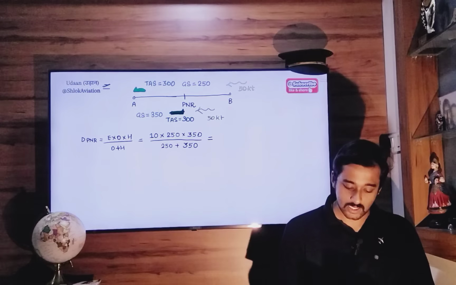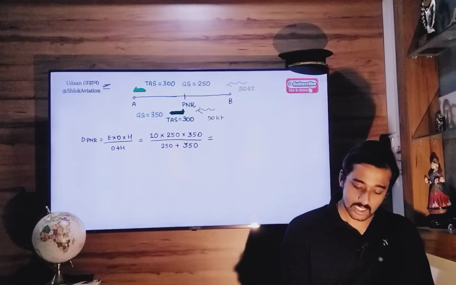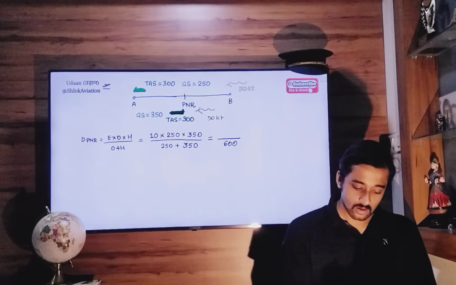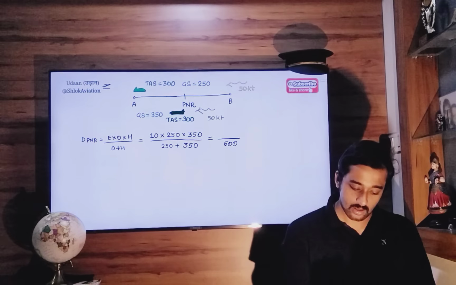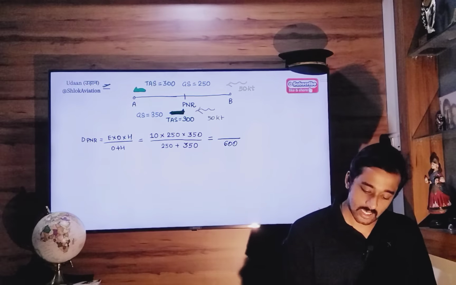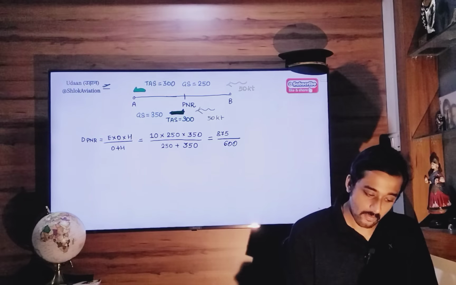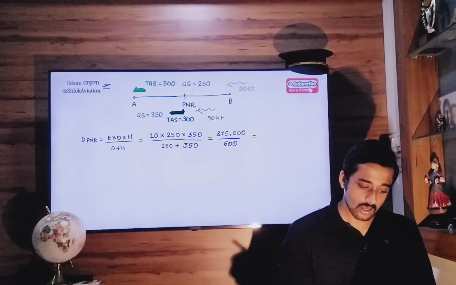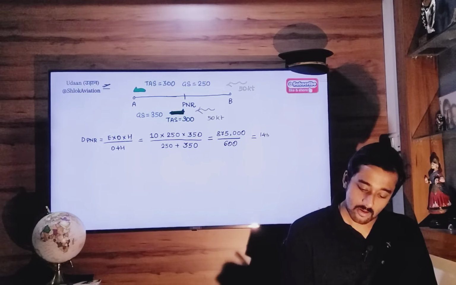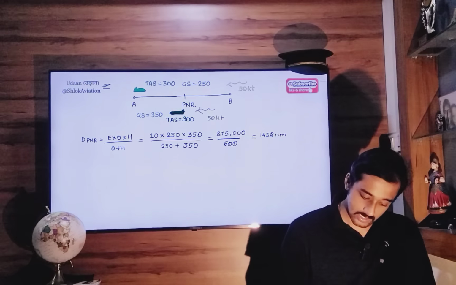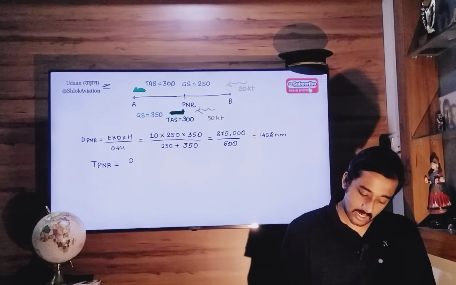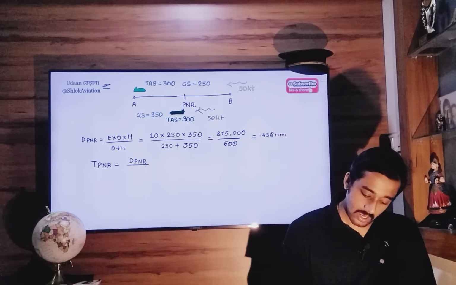Now 250 plus 350 is 600. 250 into 350 into 10 is 875, divided by 600, that is 1458 nautical miles. So time to PNR will be distance to PNR divided by outbound speed.